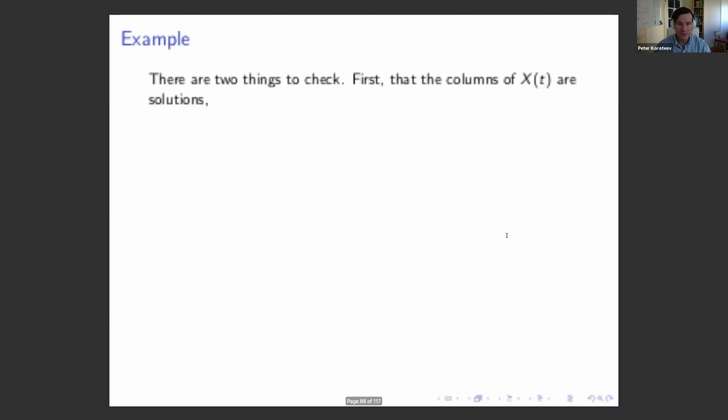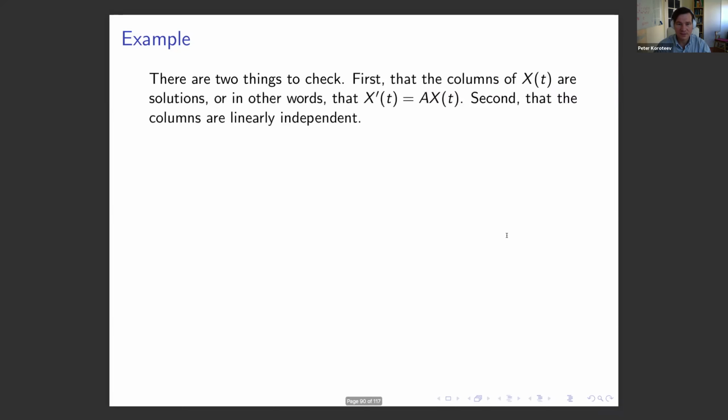So there are two things to check. First, that these columns are actually solutions, so that this statement is true, or you can just check the matrix equality directly, that's fine as well. And second, that the columns are linearly independent, because of course, if you take a solution and multiply it by a constant, it will still be a solution, but it's not going to be a different solution.